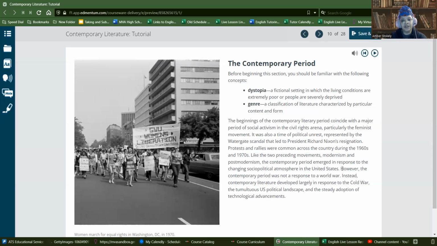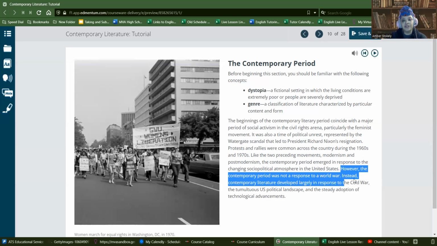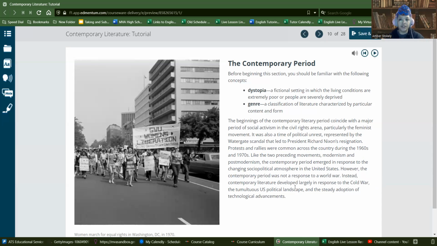And then they tell you, just in case you haven't picked it up, that the contemporary period wasn't a response to war this time. Instead, it was in response to the Cold War, which I mentioned before. And that was when Russia and the US were racing to stack technology. They were racing to get to the moon first.